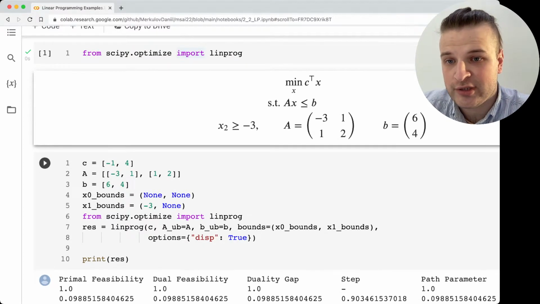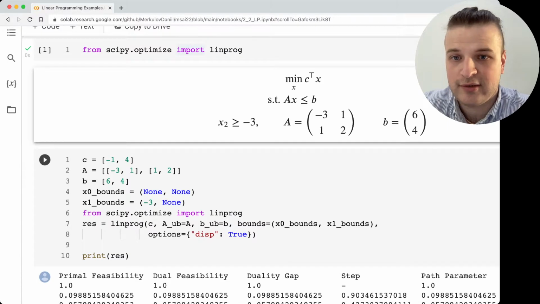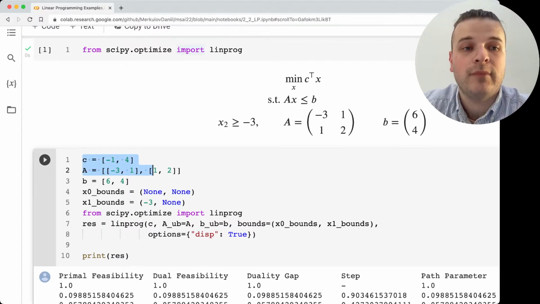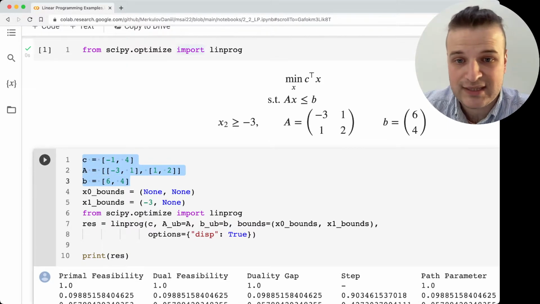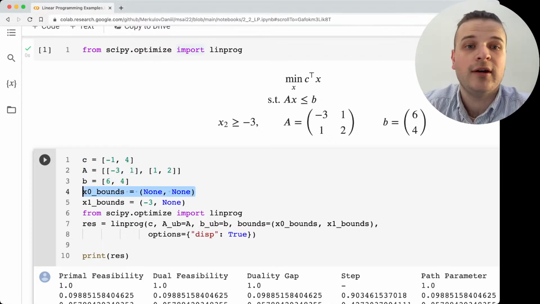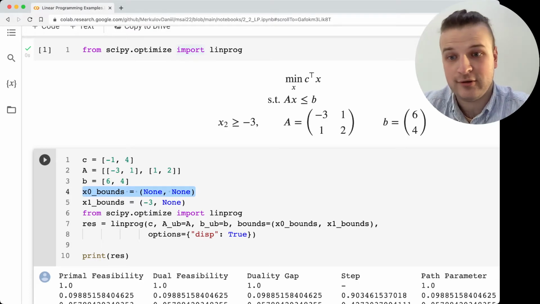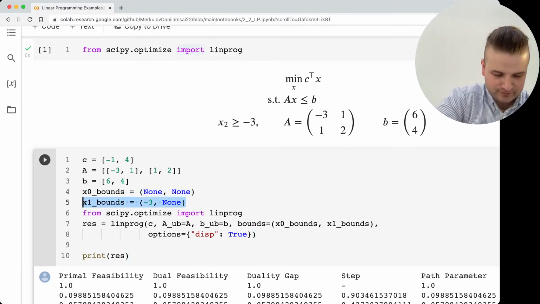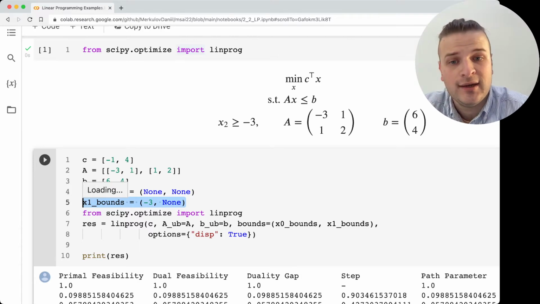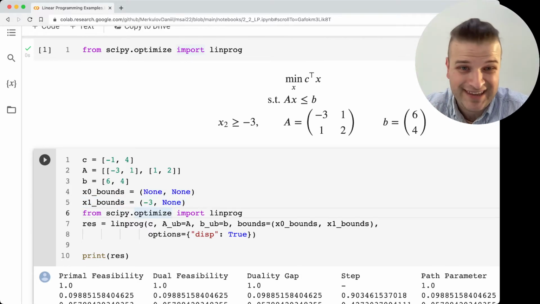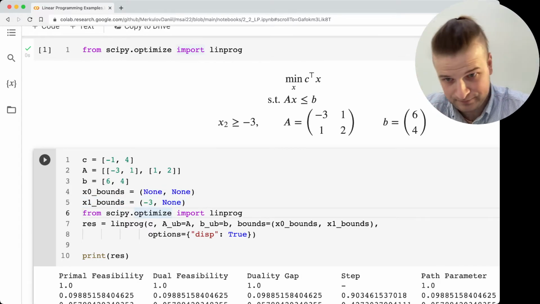We set the vector c, matrix A and vector b, and set the bounds on the first and second entries of x. So x is a two-dimensional vector here because A is a 2 by 2 matrix.